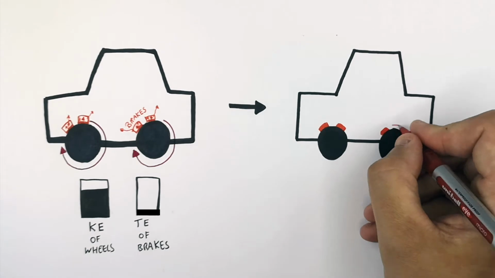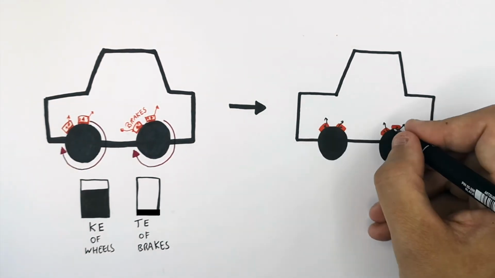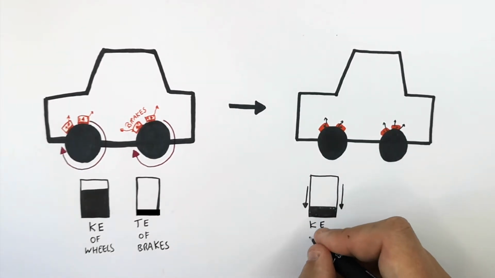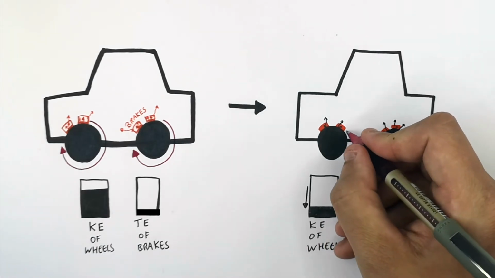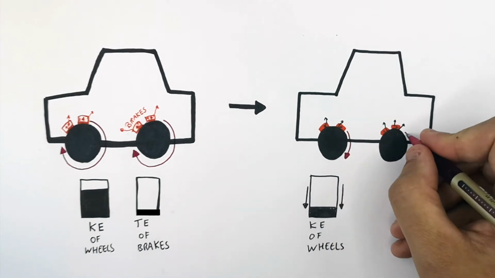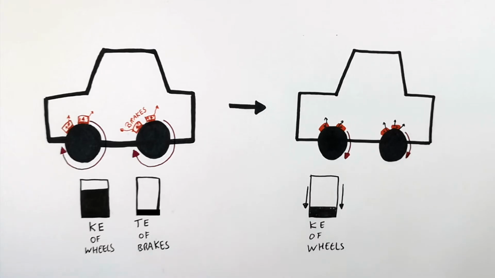So now the brakes have been applied, there's going to be an energy transfer from the kinetic energy store of the wheels. So the kinetic energy store of the wheels will decrease. And this energy is going to be transferred to the brakes' thermal energy store. This causes the car to slow down because the wheels have got less kinetic energy in their kinetic energy store.